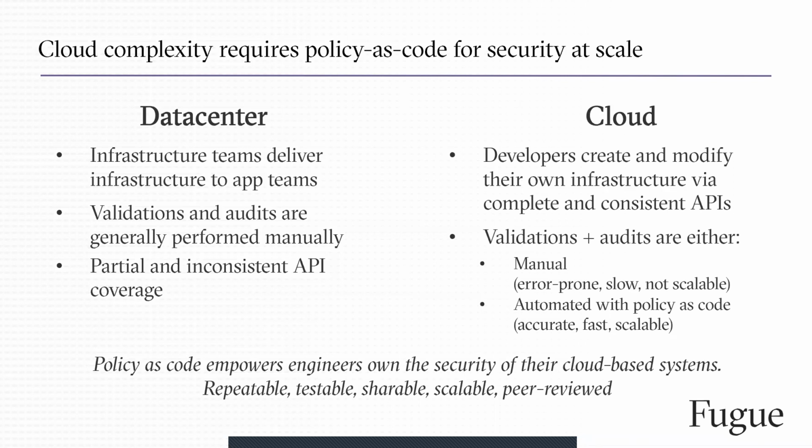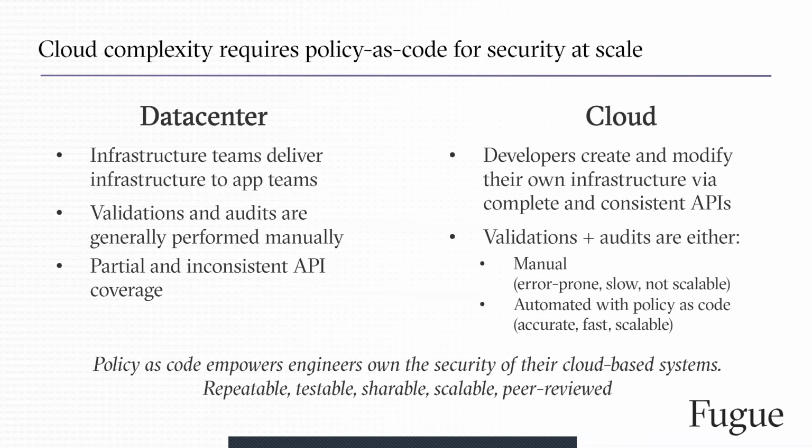It had partial and inconsistent API coverage, right? If you've got a data center that has complete and consistent API coverage, man, do I want to interview you, because I've never seen it. Usually you've got some switches from one vendor and there's some API there.